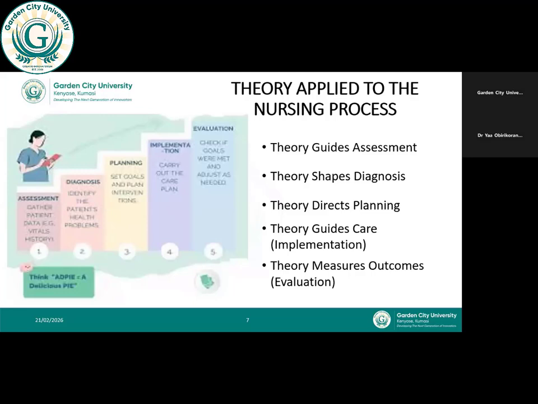So what goes into assessment? What do we do during the assessment phase? Hello, I'm going to be mentioning names because nobody is raising their hands.